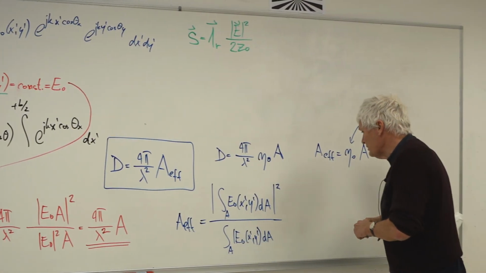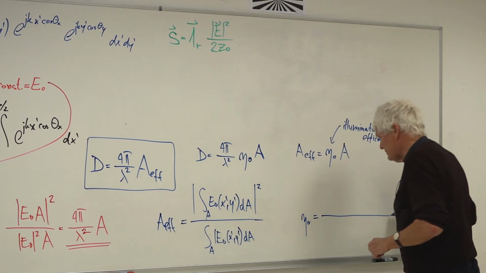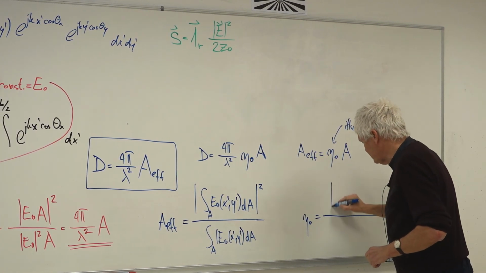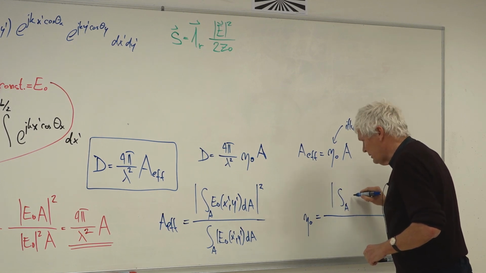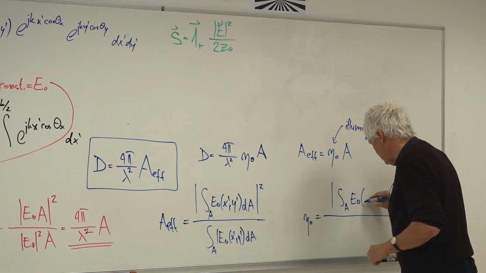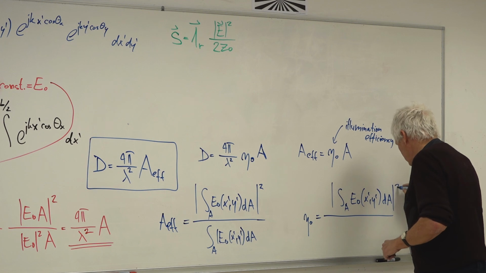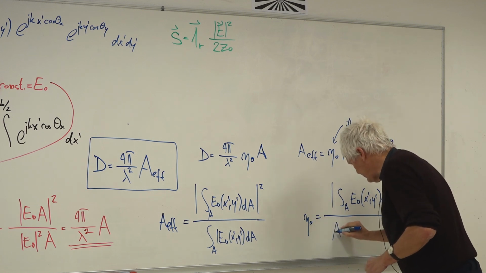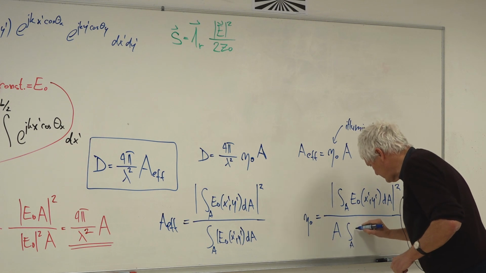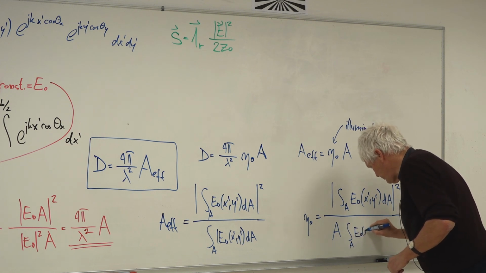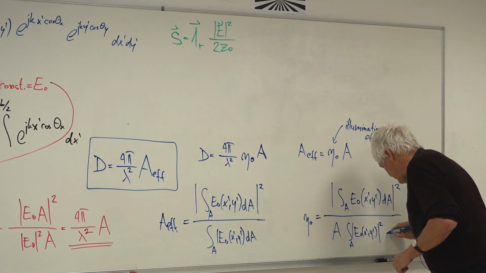And of course, we can rewrite the integral for the illumination efficiency here as the true efficiency. So eta prime is the absolute value of the integral of E0 of x prime y prime dA, squared, divided by the real aperture A times the integral over this aperture of the absolute value of E0 of x prime y prime dA.